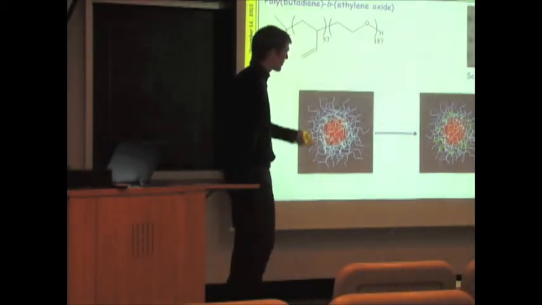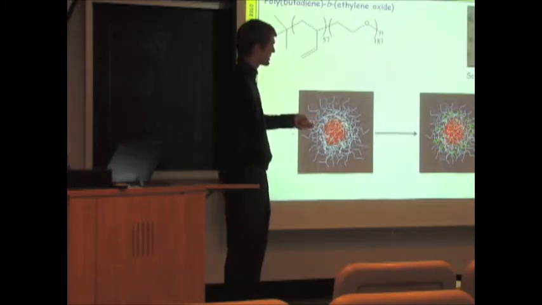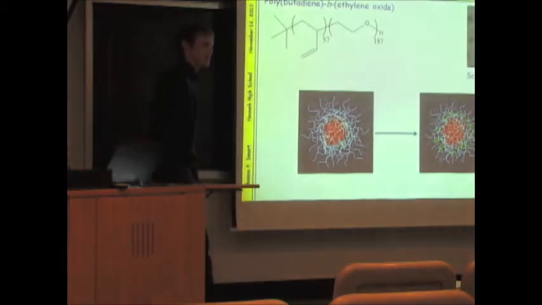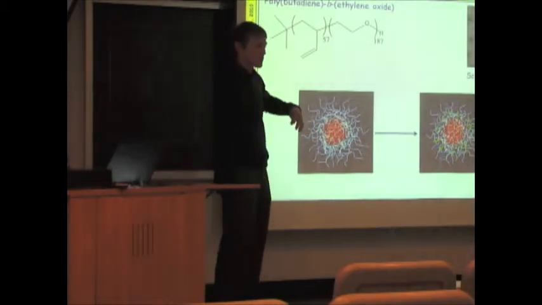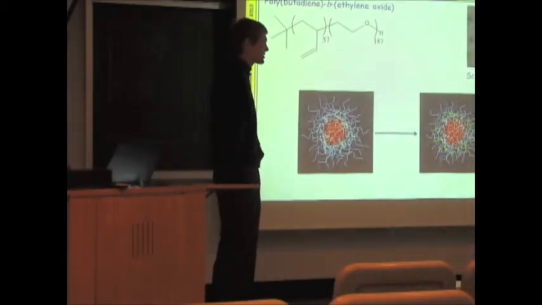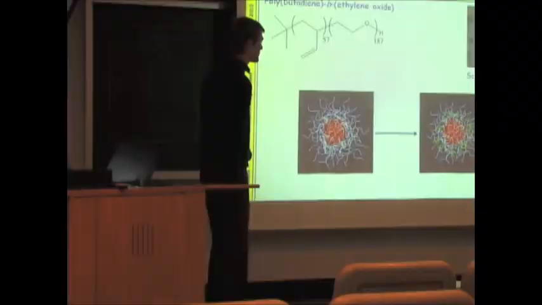So then, with our drug trapped in the center, we should be able to send these to specific cells. Notably, cancer cells overexpress a lot of things relative to the other cells, so we should target them specifically.